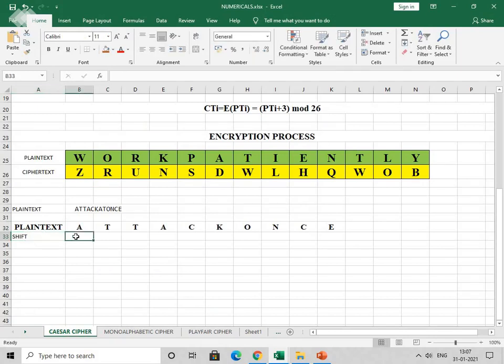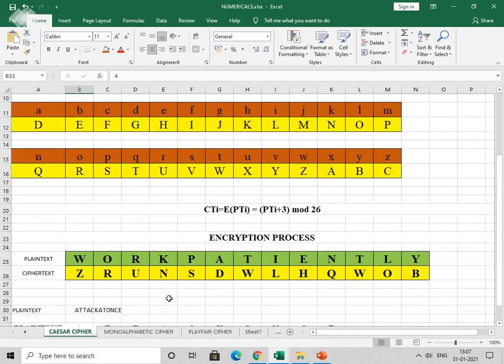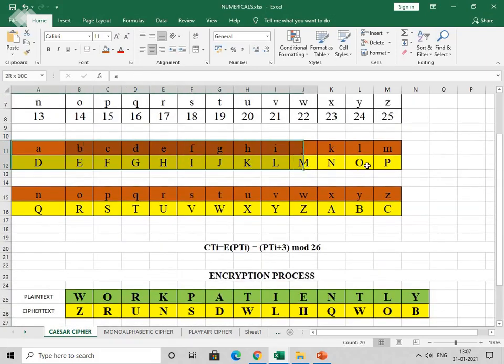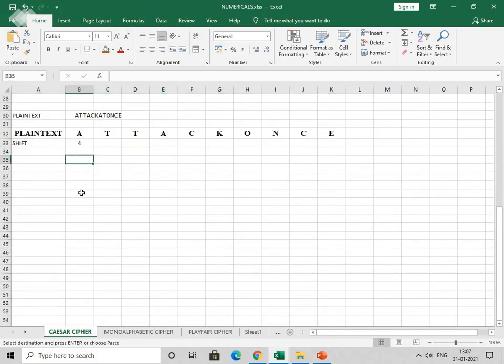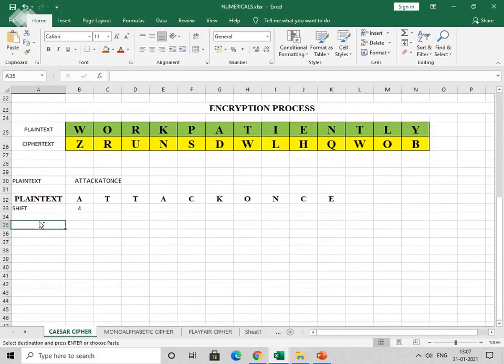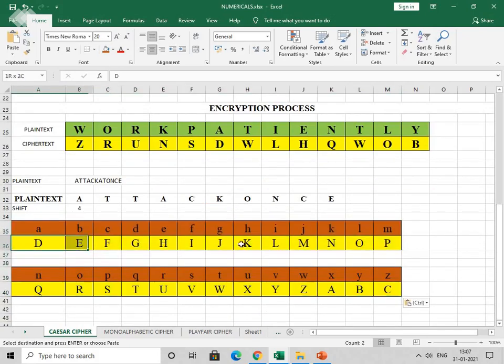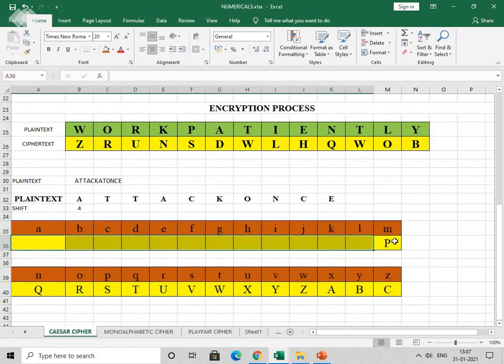When I say shift by 4, that means we are going to modify this table. Previously it was shifted by 3, so we will change this table according to the 4 shift.